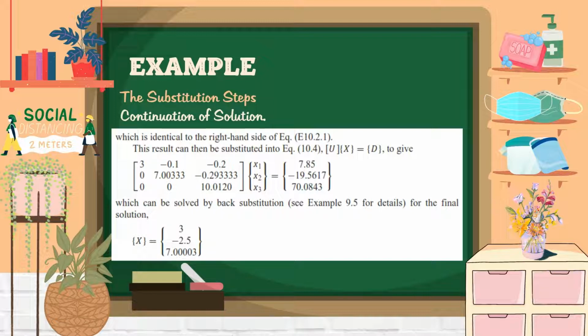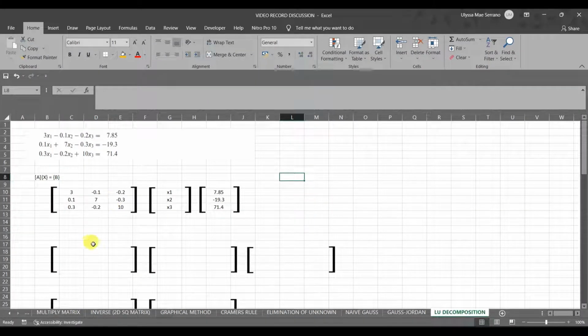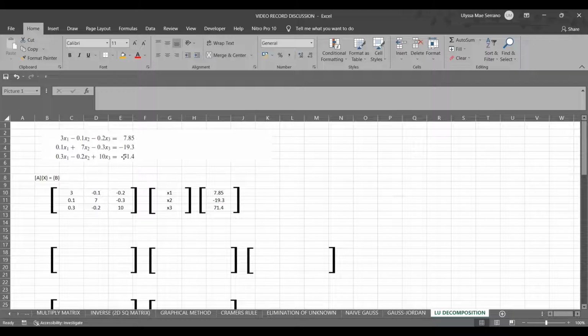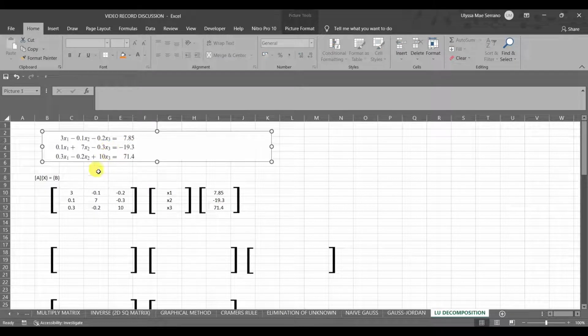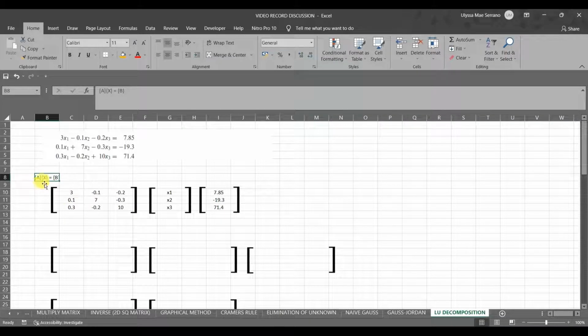In order for us to really understand the step-by-step process, we will try using Excel and apply LU decomposition with Gauss elimination. Using Excel in applying LU decomposition, from the conventional form of equation, we're now going to represent it in matrix form: the coefficient matrix, the variable x and the right-hand side b.